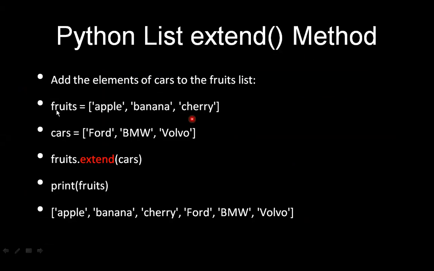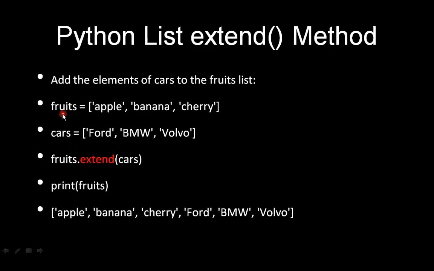It means that here fruits is one list and cars is another list. Suppose I want to extend the fruits list, which has apple, banana, and cherry, and I want to include one more list. That means I want to extend the existing fruits list.